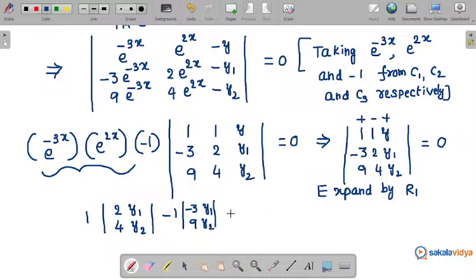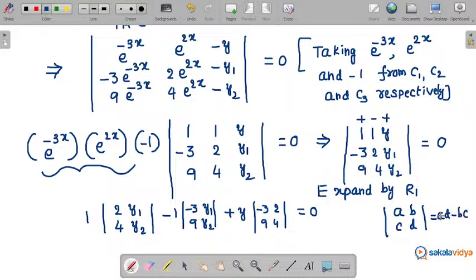So now here we have plus y times the determinant of deleting first row, third column: negative 3, 2, 9, 4, equal to 0. Let us simplify this one. This is a 2 by 2 matrix determinant, that is nothing but det of a, b, c, d equals ad minus bc. This is the concept from matrices.